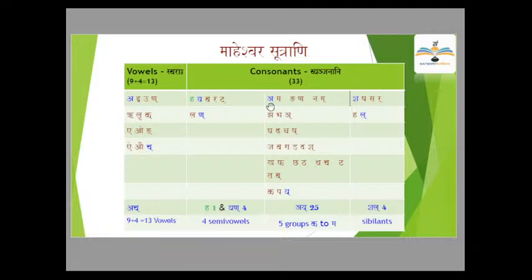So Ya, Va, Ra and La, these four consonants come under yan pratyahar. Ha and yan: Ha you should skip, and what consonants come under yan? Then the four semi vowels come, Ya, Va, Ra, La. These four consonants are there in yan pratyahar, alright.